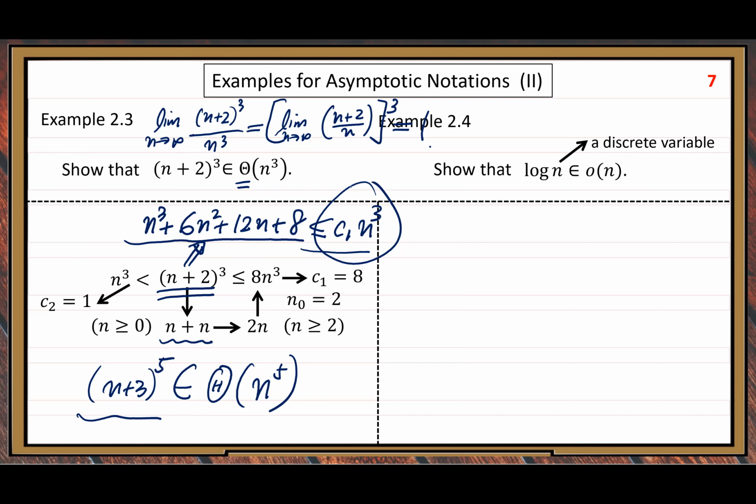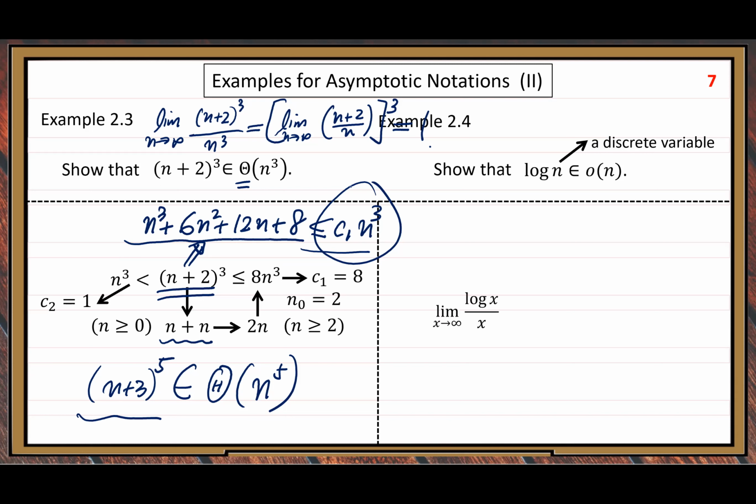Remember that a discrete variable needs to be converted to a continuous variable before we can take the limit. Here, because we need to work with little o notation, the only way is the limit way. There is no upper bound, lower bound way. You cannot use upper bound, lower bound to do little o notation. You can only use the limit way.